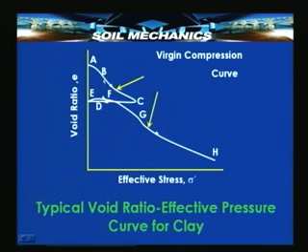It reaches a value corresponding to point B, and then goes on further decreasing, reaches a point corresponding to C, and this portion is known as virgin compression curve, because this is a certain compression that takes place for the first time under this stress.